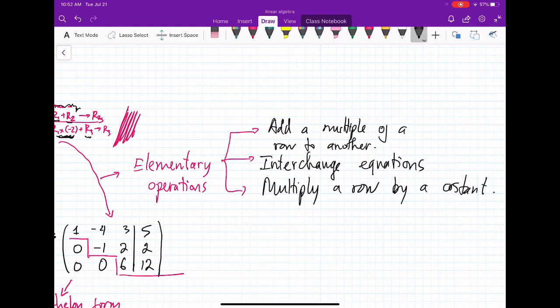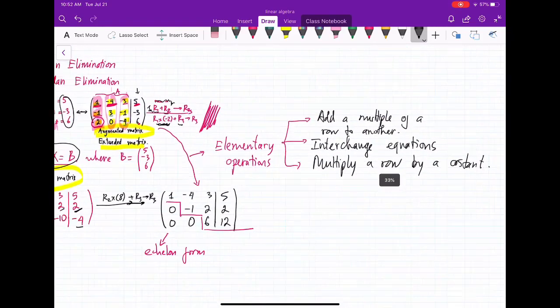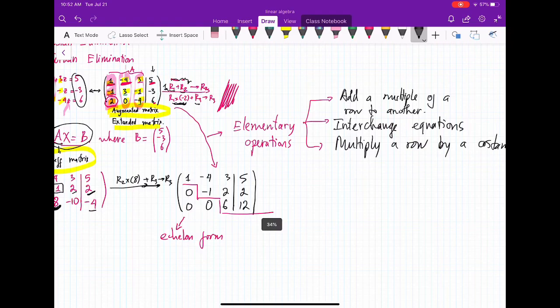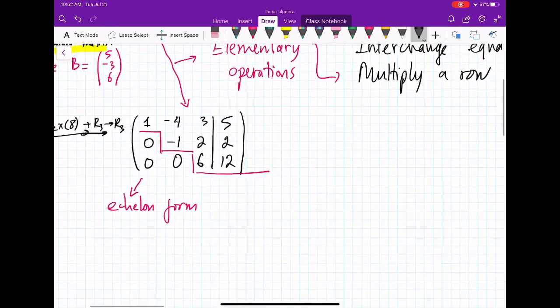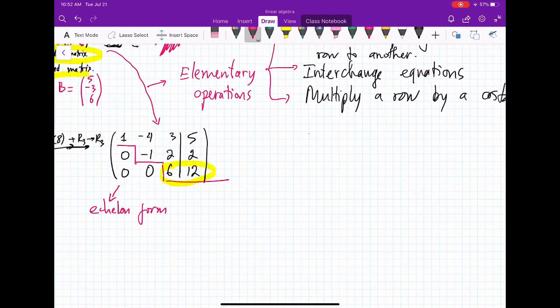Okay, multiply a row by a constant or divide a row by a constant. That is the same. Look at this. Now you get this guy. We show that right here. You have 6, 12. Usually in the previous lecture, we rewrite that like 6z equal to 12, right? And then you solve for z. You get 12 divided by 6, that is 2.